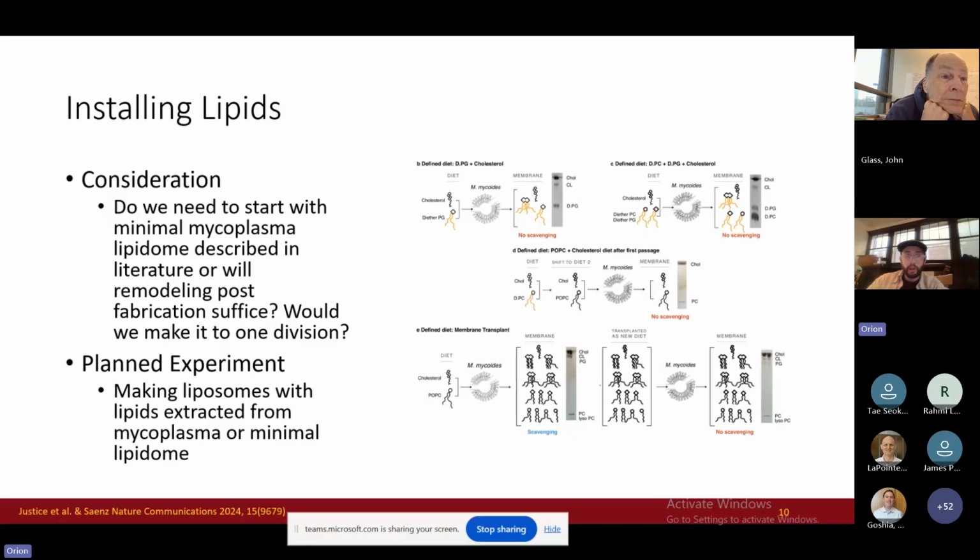Or do we need to start with a membrane that is at the onset more similar to the mycoplasma, in which case we're considering both making liposomes from lipids extracted straight from Syn 3.0 or other mycoplasma, as well as just recapitulating the minimal lipidome, which would involve the palmitic and the oleic acid in addition to cholesterol.